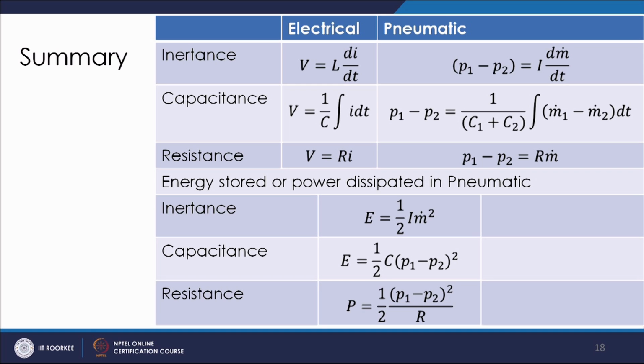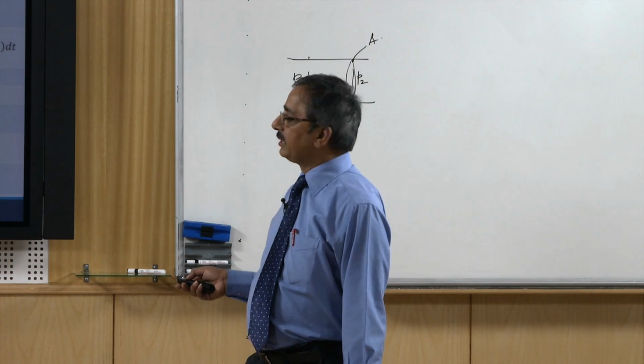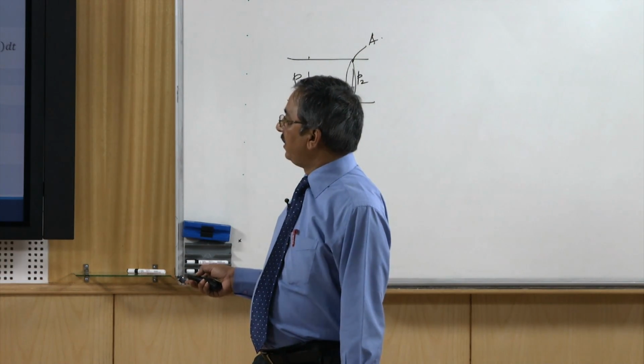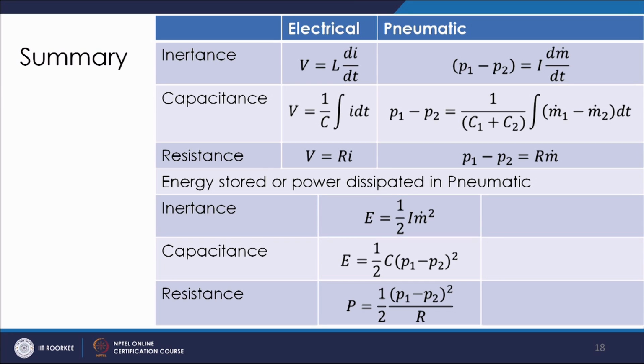For a capacitor the energy stored is half CV square. So, here this is half C, where this C is basically C1 plus C2, into (P1 minus P2) whole square. And for resistance the power dissipated is V square by R. So, here it is half (P1 minus P2) whole square by R.